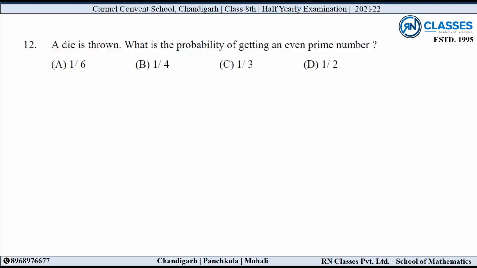Question number 12. A die is thrown. Probability of getting an even prime number. What is probability?